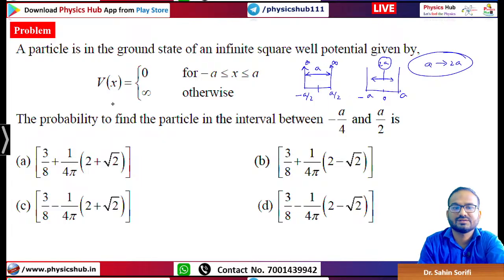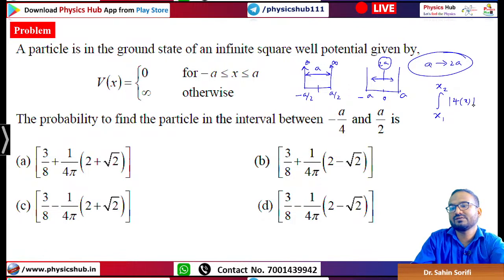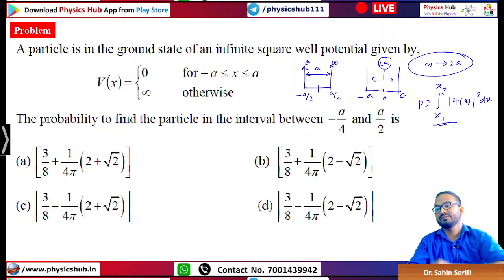So remember this. The probability to find the particle in the interval between minus a by 4 to plus a by 2. So you know, if you are given any 2 points x1 and x2, what is the probability? It's simple, integral of mod psi of x squared dx. So this is the probability to find the particle between x1 and x2.